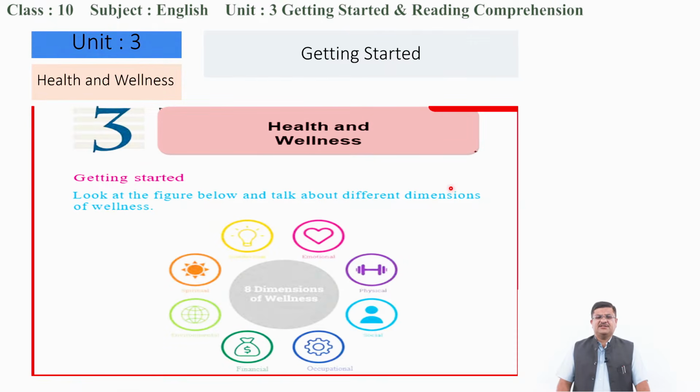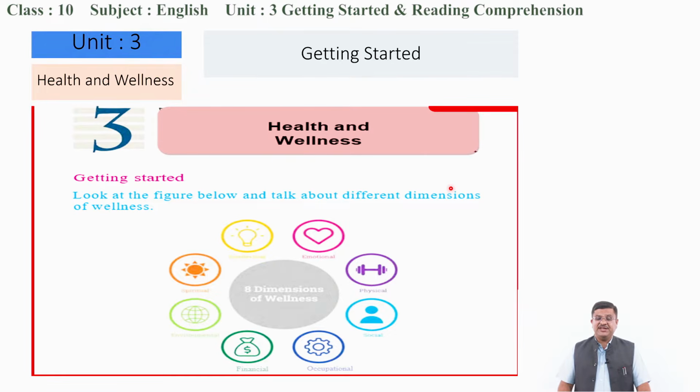Dear student, health and wellness, getting started. What do you see in this picture? Look at the figure below and talk about different dimensions of wellness. We might have known about health and wellness.